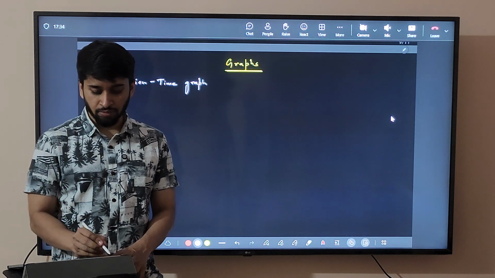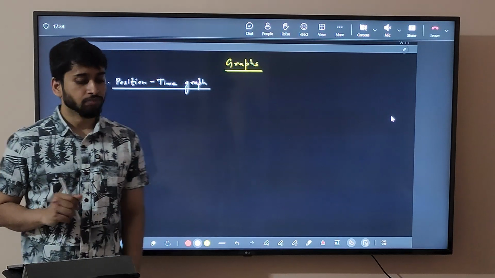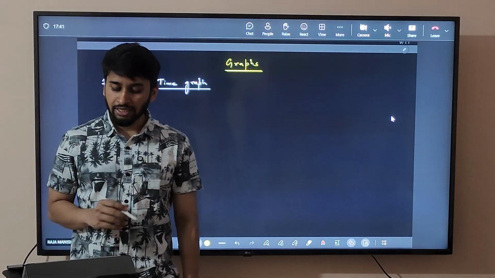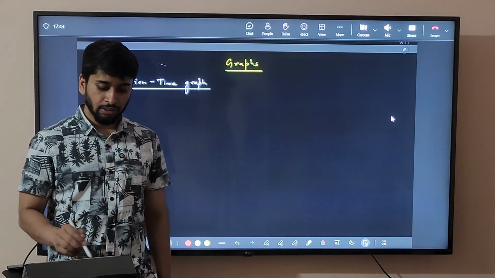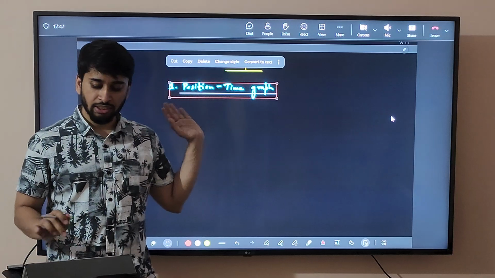Fine. What happens in the position time graph? Let us try to understand, right? So see, in any graph, let me again follow the 2/3 rule only, that will be better. So you have the position time graph.